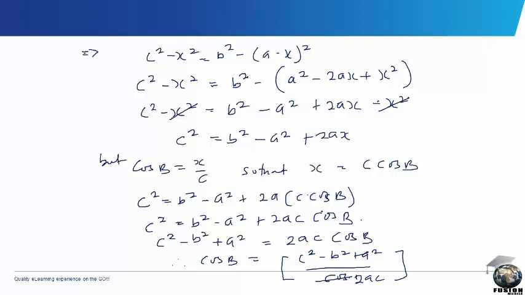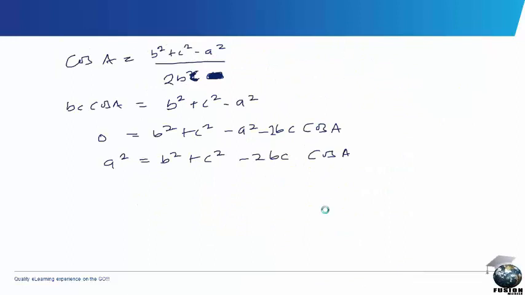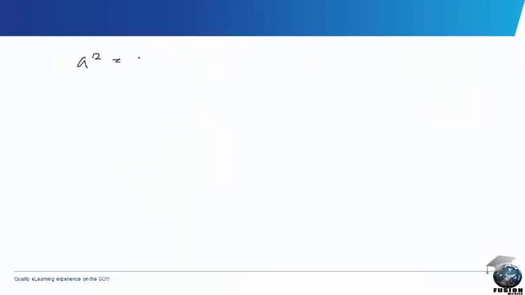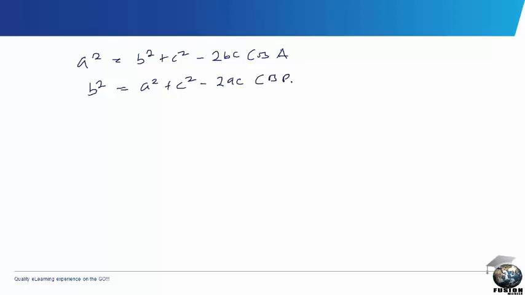All we are saying is that if you are looking for the side A squared, then you have the other sides positive, and then minus 2BC cos of A. And if you're looking for the side B squared, you have A squared plus C squared minus 2AC cos of B, and if you're looking for C squared, you have A squared plus B squared minus 2AB cos of C.